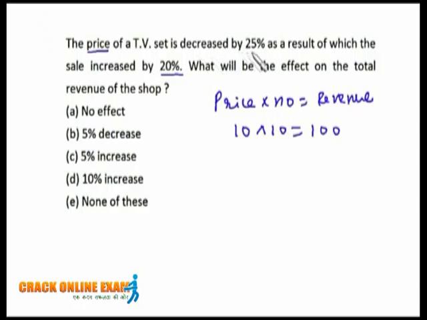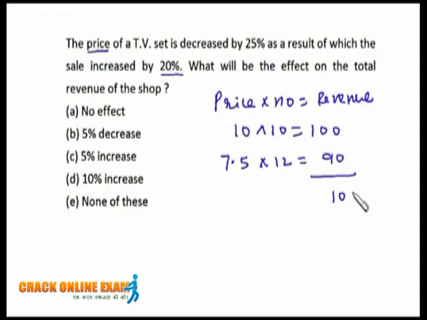Now price is decreased by 25%. That means the new price is 7.5 and the sales is increased by 20%. That means the new number of units is 12. Now what is 12 into 7.5? It's around 90. So that is a 10 downfall over 100.